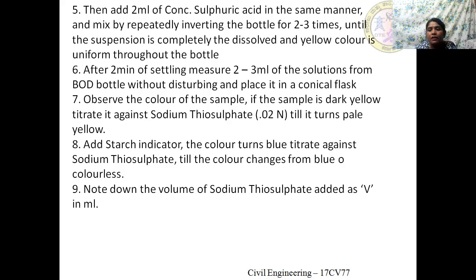So the titrant is sodium thiosulfate of 0.025 normality. Once the sample turns pale yellow, you need to add starch indicator. As you add starch indicator, the sample turns blue. This sample has to be further titrated against sodium thiosulfate of 0.025 normality till it becomes colorless.